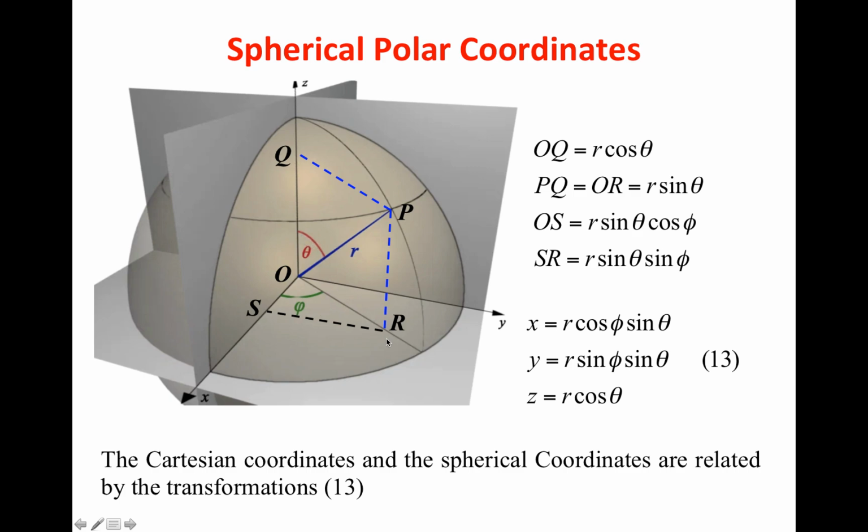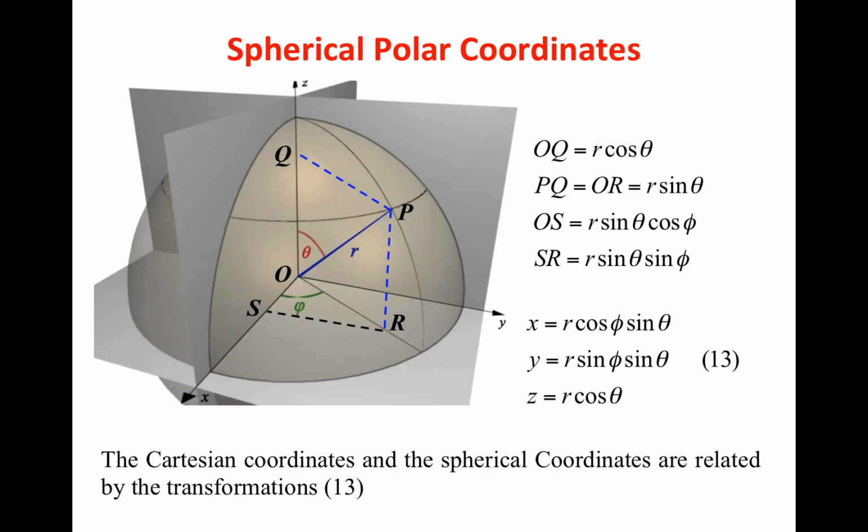If I take the distance OQ, remember that this is a 90 degree angle. So, OQ is equal to r cos theta, whereas PQ and OR, which are parallel to each other, are r sin theta. So, OR is r sin theta, just as we had done in our cylindrical polar coordinates.